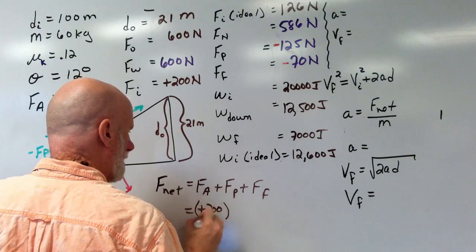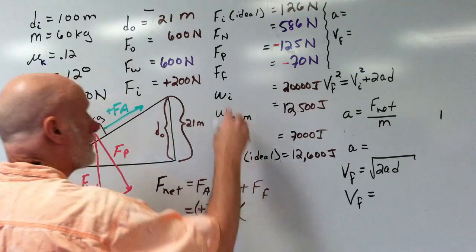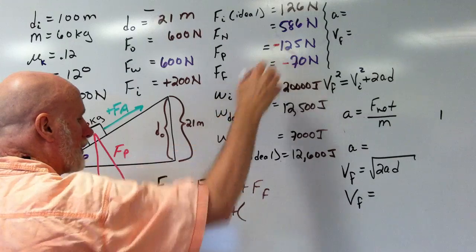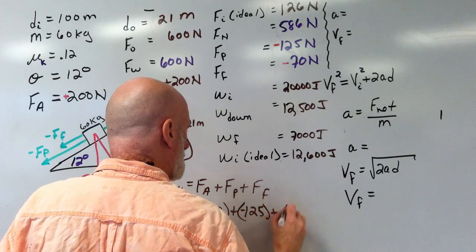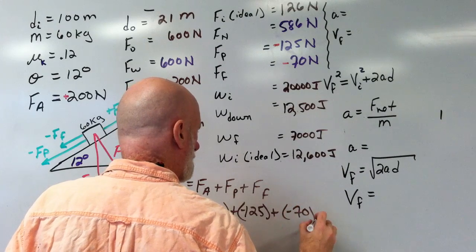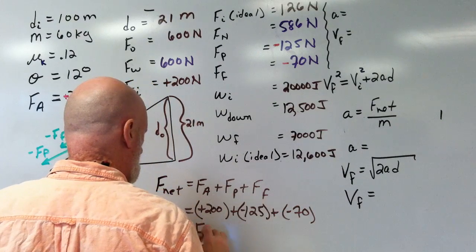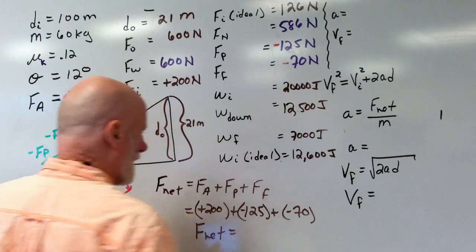Is that all right? Yes. Plus negative 125 plus negative 70. So F net equals what?